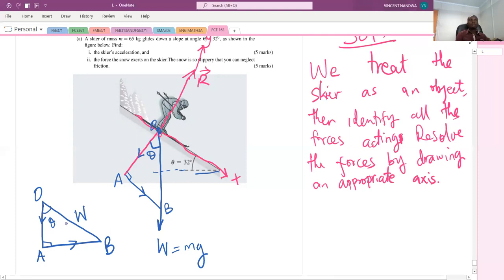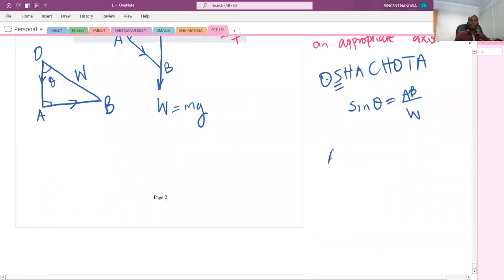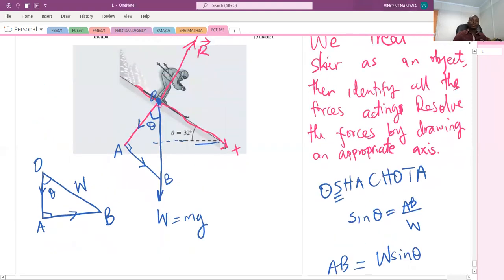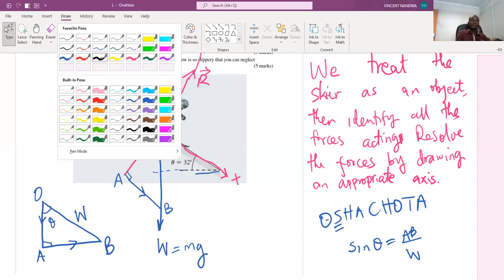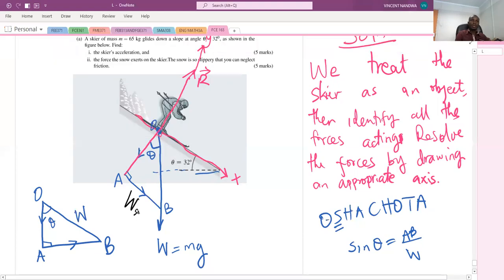Using SOH CAH TOA, sine of the angle theta is opposite over hypotenuse. The opposite with respect to theta is AB, and the hypotenuse OB is the weight W. So AB is W sine theta.